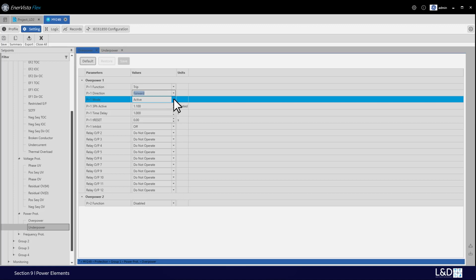And the mode can be set to active or to reactive. The reactive power element is usually used to detect loss of excitation.